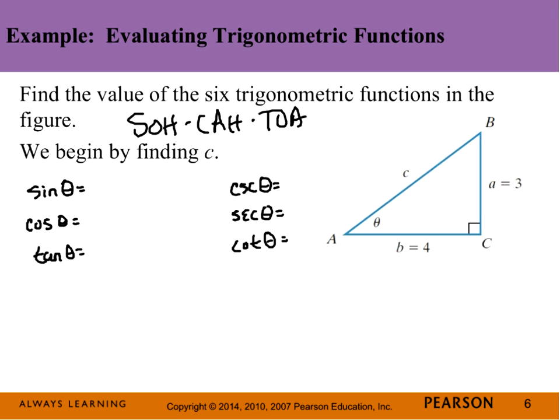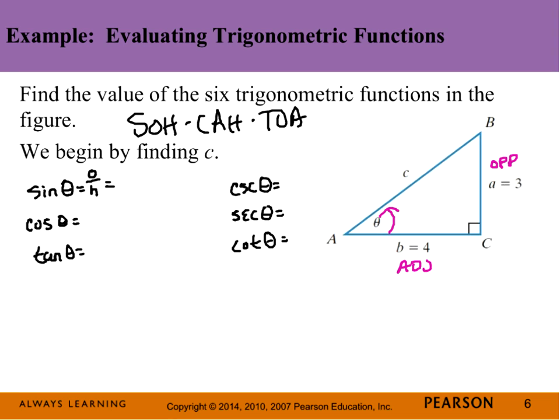All right, so the sine of theta is the opposite over hypotenuse. Let me go ahead and label this triangle with opposite and all that. So here's my angle theta. This is my side that is opposite theta.